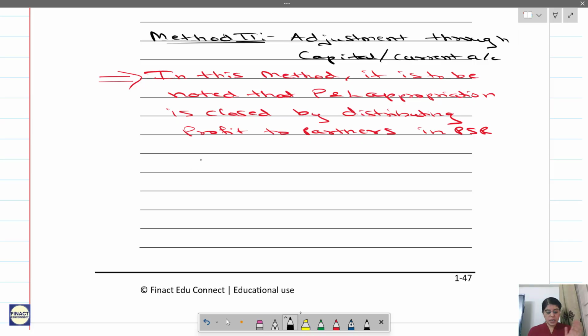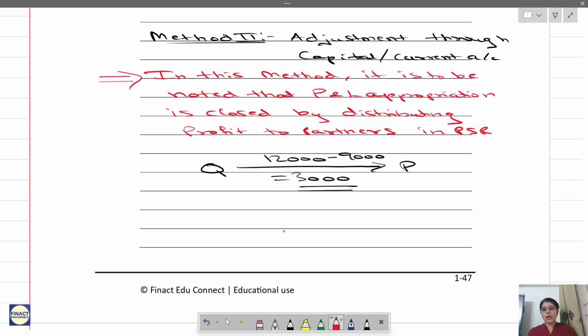In our example, Q had given a guarantee to P that the profit will be 12,000, but P's profit was 9,000, so the deficiency was 3,000. This deficiency is supposed to be given by Q to P.